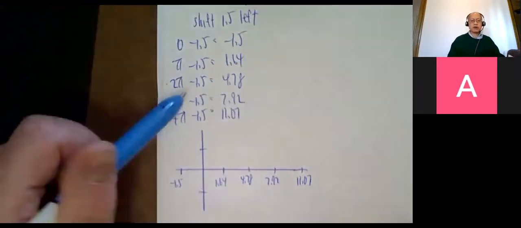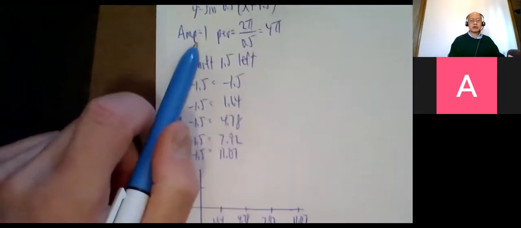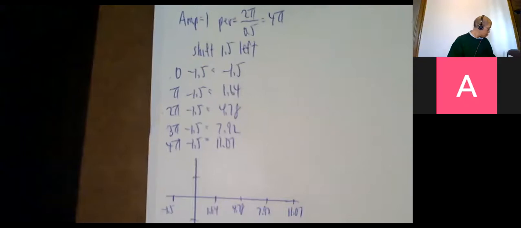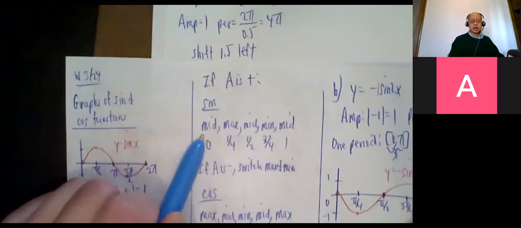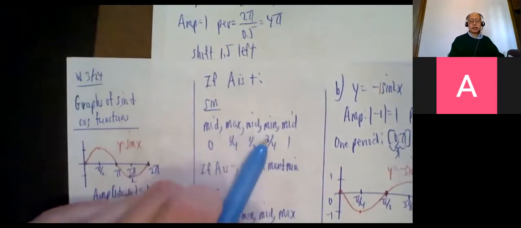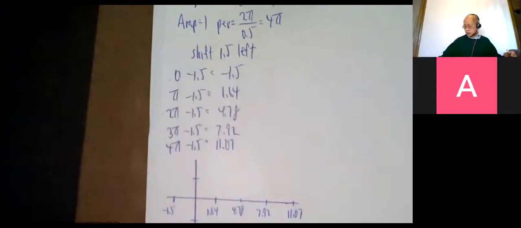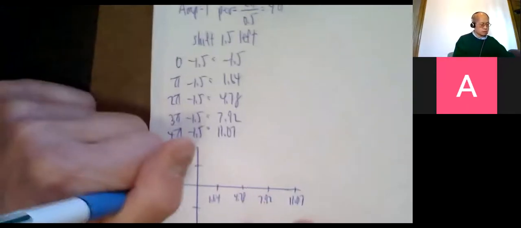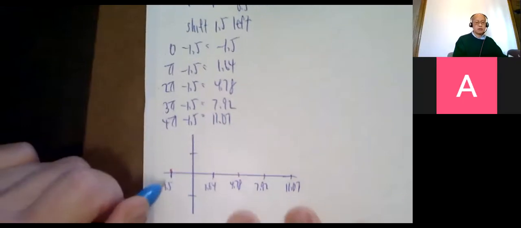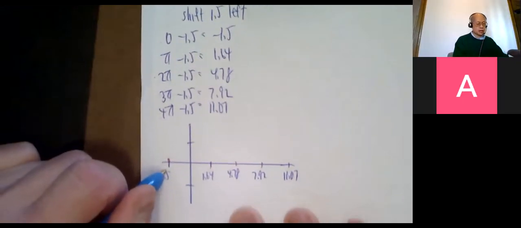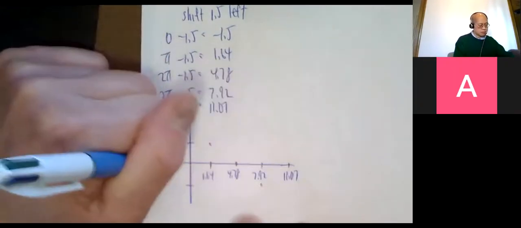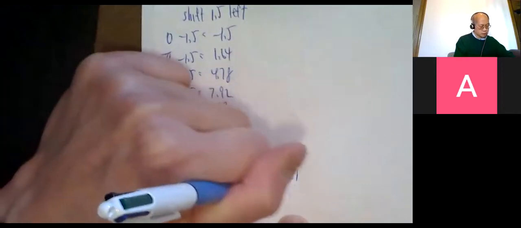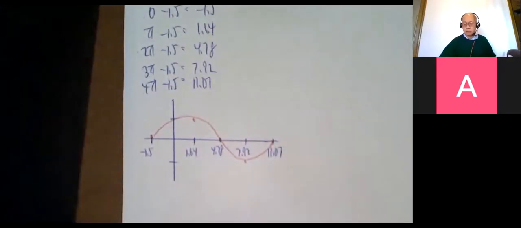I draw a sine type curve. A is positive, so I just follow the rules for the sine function. Sine goes midline, maximum, midline, minimum, midline. And here we go.